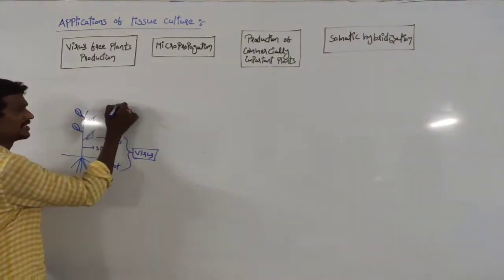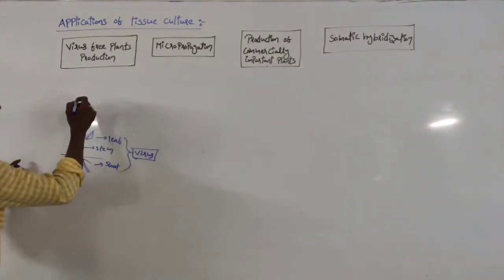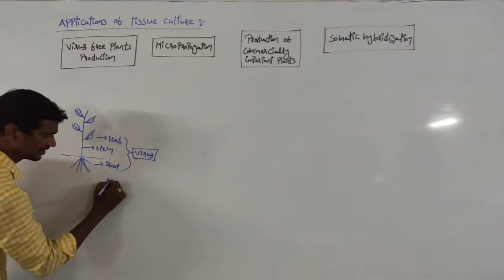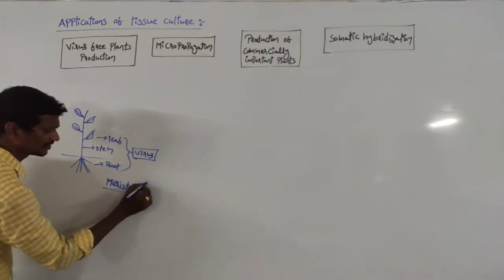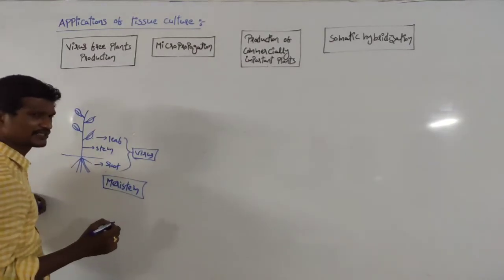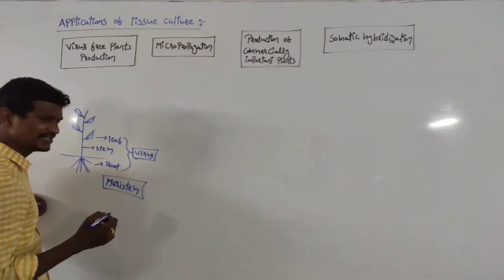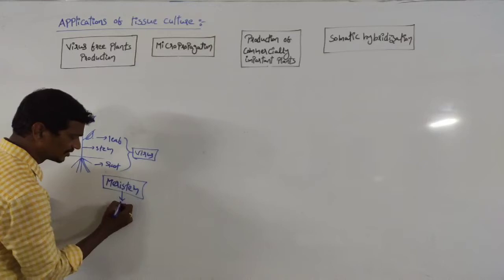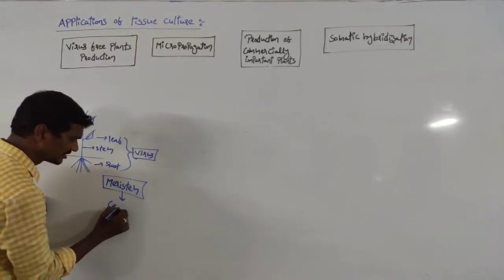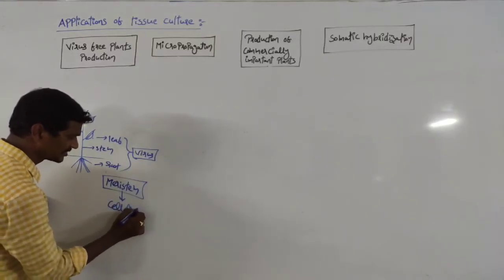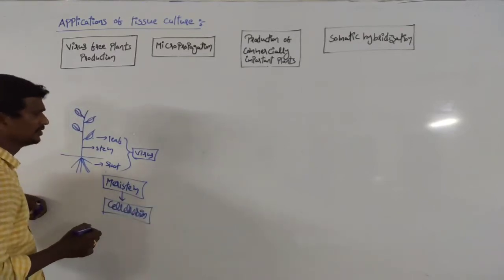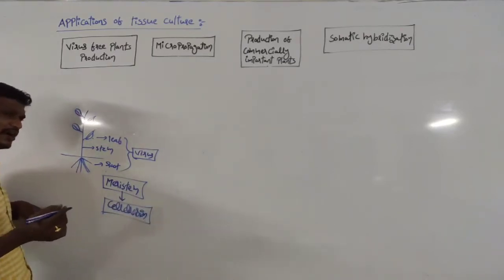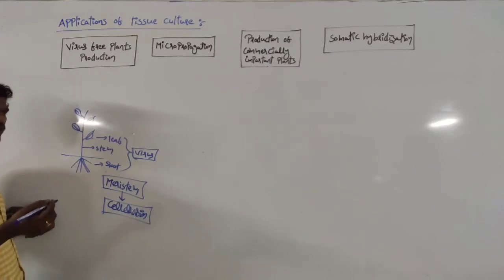The tip part has the meristem. The meristem contains meristematic cells, and these meristematic cells continuously undergo the cell division process. So there is no chance of viruses entering the meristematic cells.